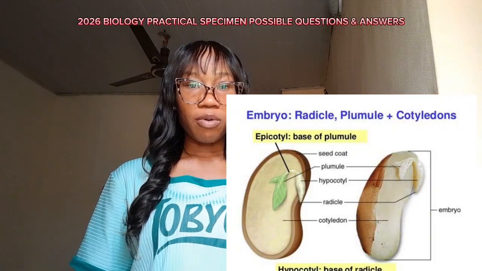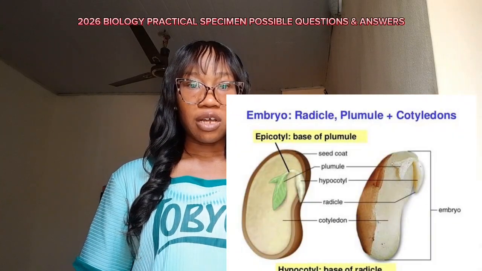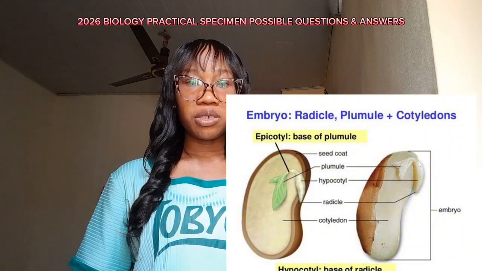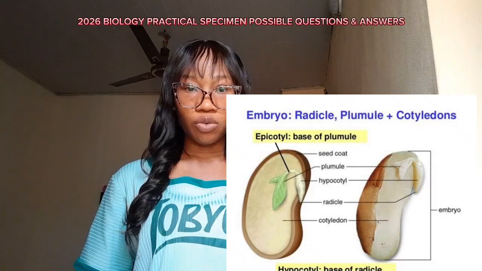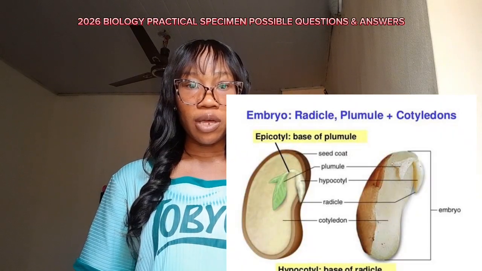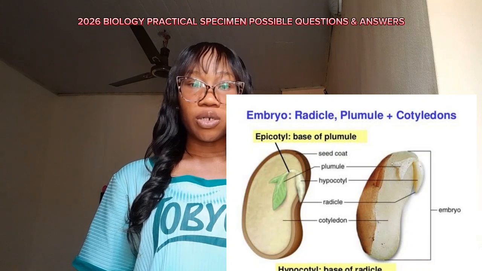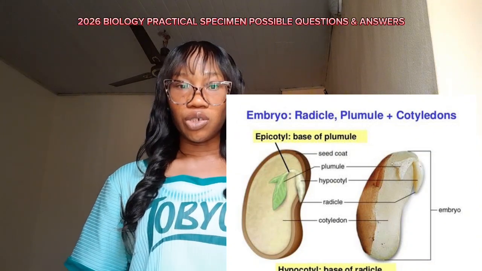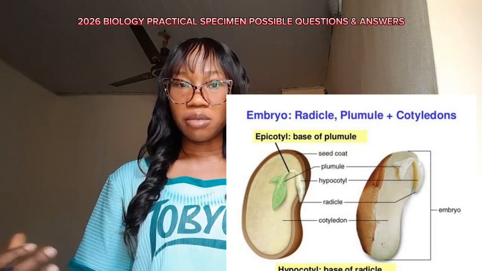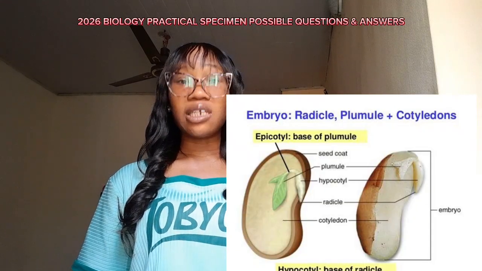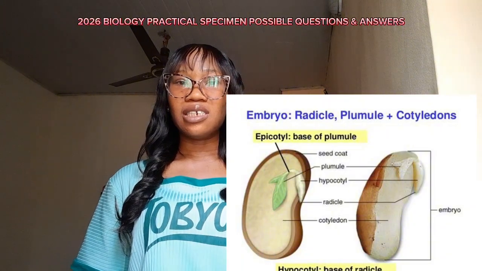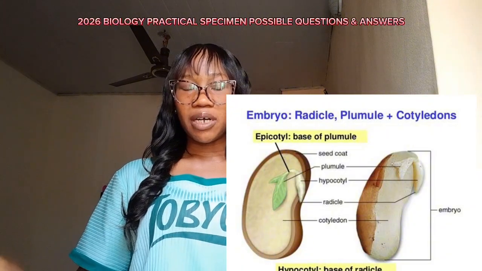The embryo is made up of parts like the radicle, which later develops into the roots, so we call it the embryonic root. It also has the plumule, the embryonic shoot, because it develops into the shoots. Then you have the hypocotyl, which is just a mini stem, and of course the cotyledon, the seed leaf. All these things are part of the embryo.